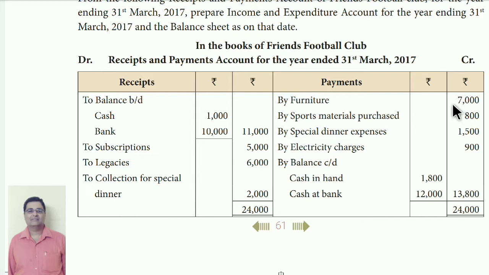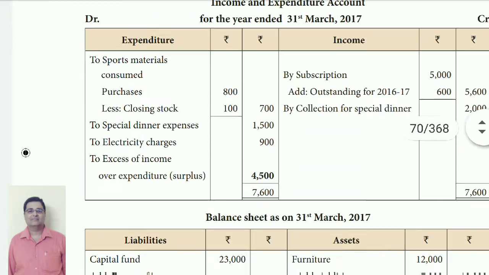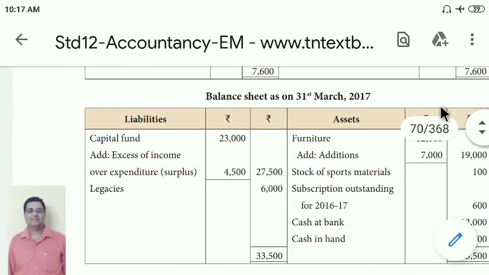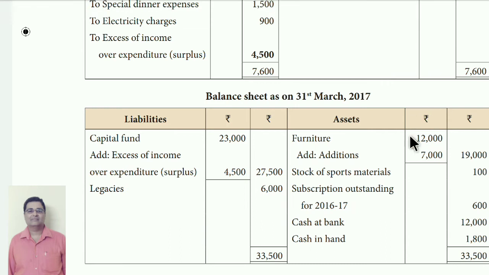So 7,000 plus 12,000, 19,000 we have to write on the asset side. See the answer. 12,000 plus 7,000, 19,000 we wrote on the asset side. Understand? So the first adjustment is over.